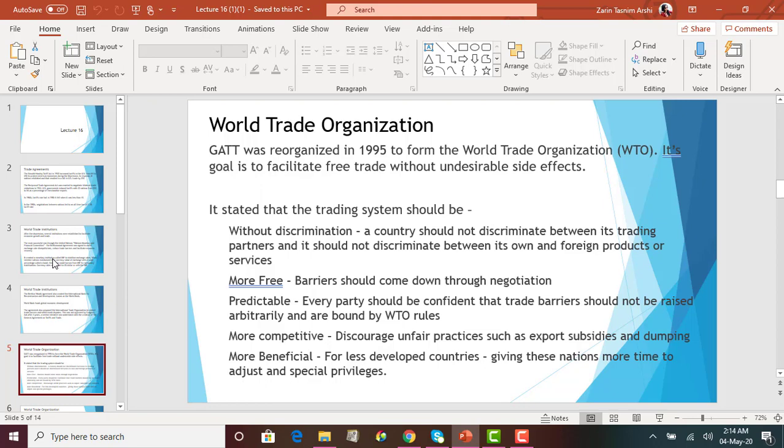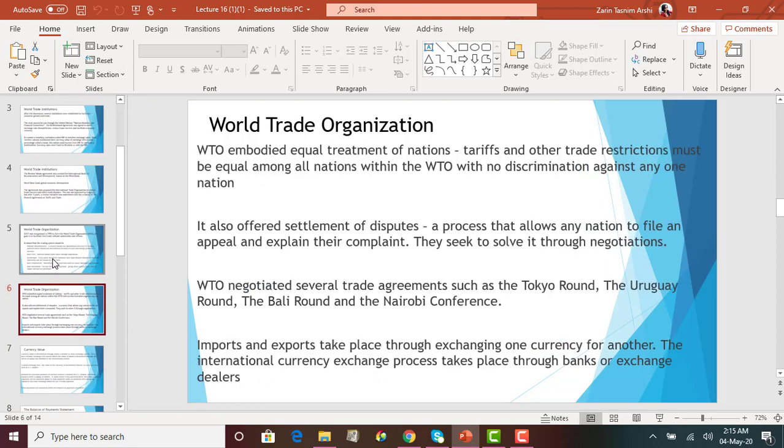The developed countries, like the US and Canada, are probably already doing well, but less developed countries, such as Bangladesh and Myanmar, need more time to adjust to the system. So the WTO suggests that trade should be more beneficial, and nations should give more time to less developed nations so that they can adjust.